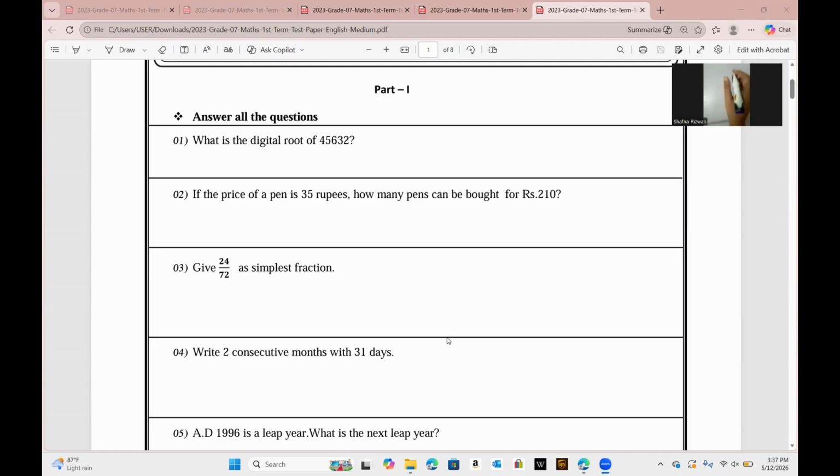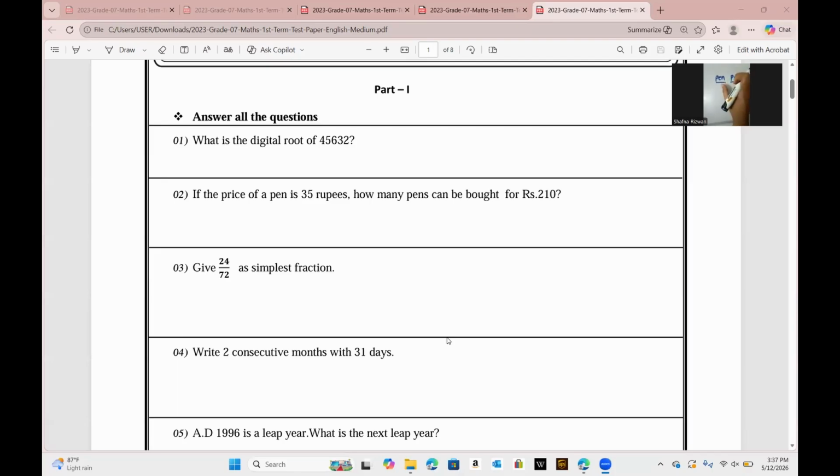For that, always remember that first of all, let's write the pen, how many pens you have, and then write how much is the price of that pen. Once you write like that, it will be easy for you to find the answer, because they have given you the number of pens and the price of the pen.